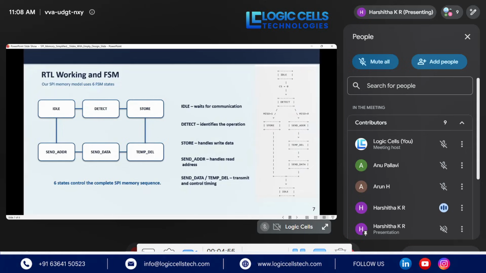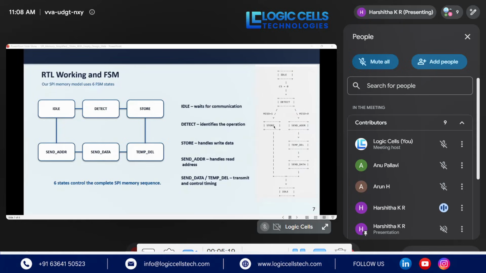Initially, the controller is in the idle state. When the chip select line becomes 0, it moves to the detect state. Here it checks the MISO, meaning master input slave output. If it is 1, it moves to the write operation, meaning the store state.